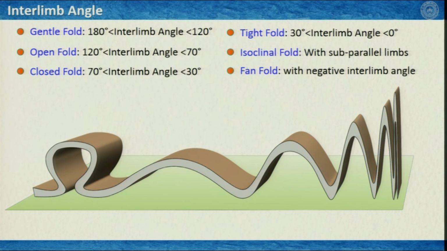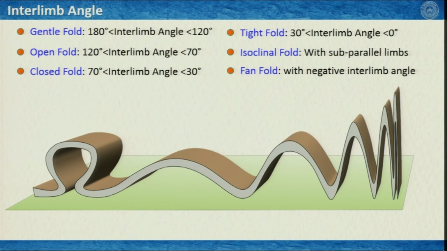If it is between 120 degrees and 70 degrees, then it is an open fold. We assign a fold as a closed fold if the interlimb angle is between 70 degrees and 30 degrees. A tight fold is where the interlimb angle is 30 degrees to 0 degrees or sub-zero.